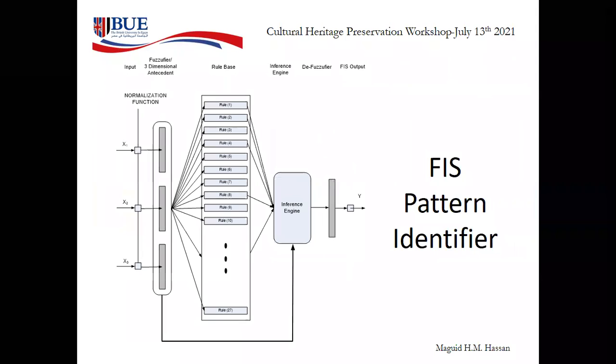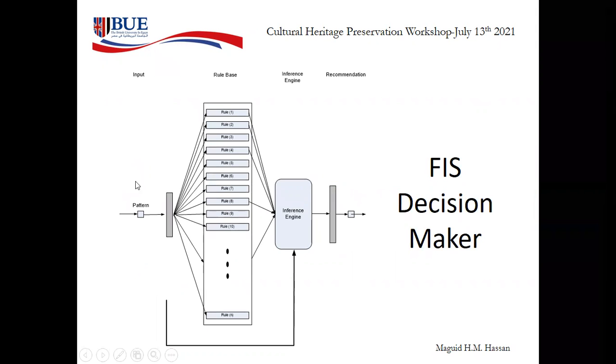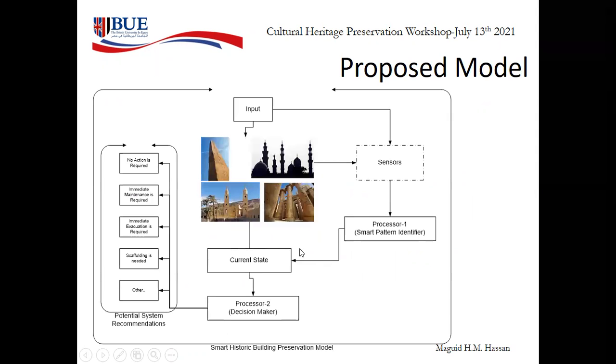So this is the FIS pattern identifier, which has, again, 3 inputs coming in. I'm assuming here that we have 3 sensors. And the output would be the pattern. And this pattern is the input to the next fuzzy model, which would come up with a decision or a recommendation. And it should look like this.